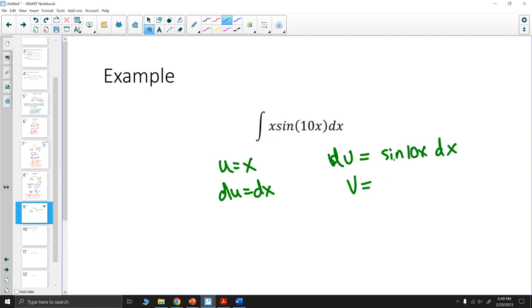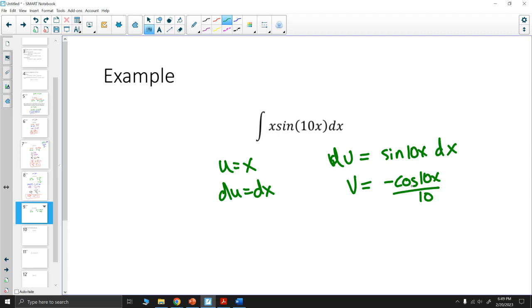So that gives us v is the integral of sine. As a reminder, the derivative of cosine is negative sine, so the integral of sine is negative cosine, so negative cosine 10x over 10. Again, u-sub here, it's linear, so I can u-sub it really easily, where if I were integrating this sine of 10x with u-sub, 10x is u, and so on and so forth.